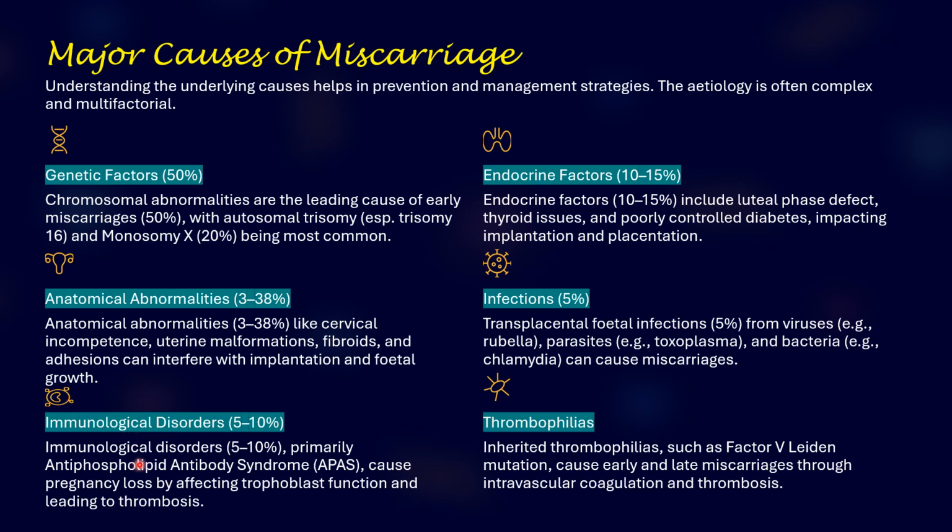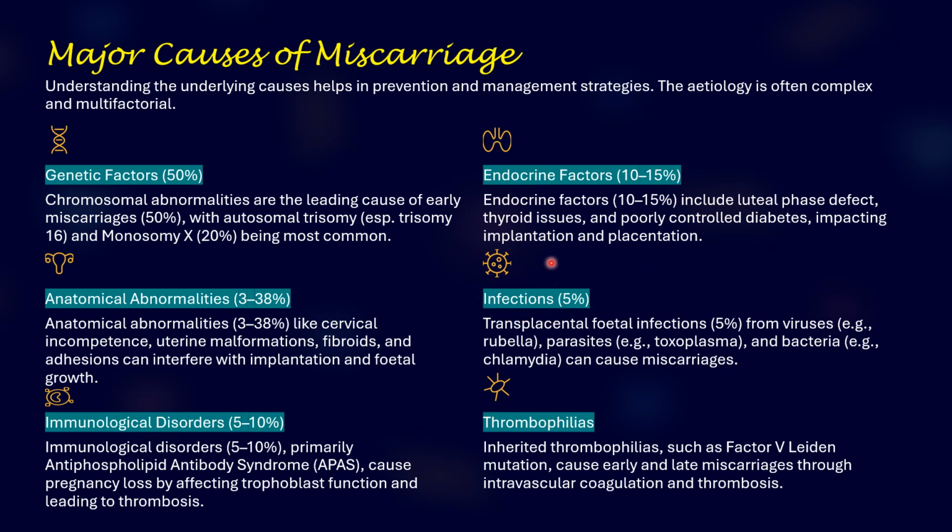In immunological disorder, primarily antiphospholipid antibody syndrome causes pregnancy loss by affecting trophoblast function and leading to thrombosis. Number four is endocrine factor. Endocrine factors include luteal phase defect, thyroid issue, and poorly controlled diabetes, impacting implantation and placentation.